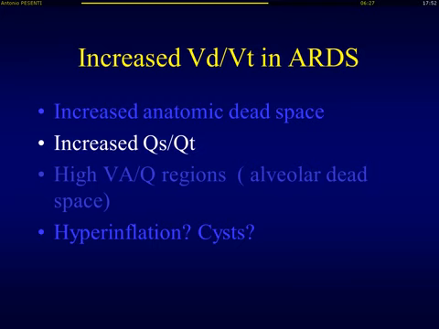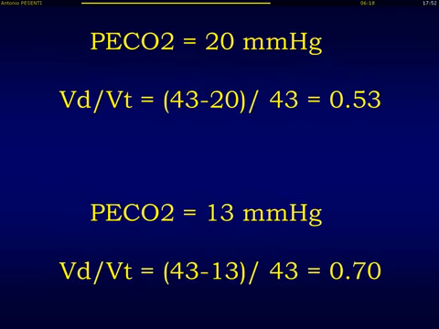I have to increase the ventilation because I have to maintain a normal PCO2. If my end tidal is 20 millimeters of mercury, my dead space is 50%. If my end tidal is 13 millimeters of mercury, my dead space is 70%.